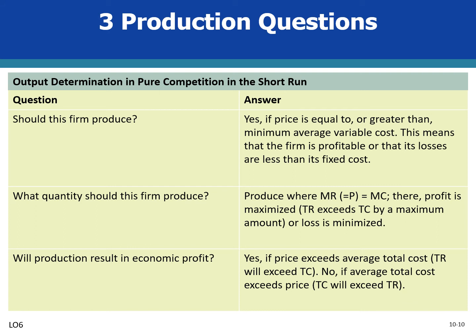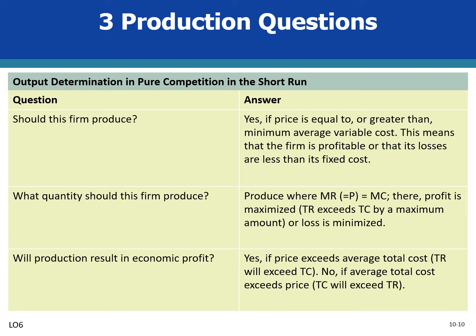Now, there is an approach called the total revenue, total cost approach to determining level of output. We'll talk about that briefly, but the first idea is far more important, the MR, MC, marginal revenue, marginal cost approach to determining profit maximizing or loss minimizing level of output in the short run. Okay, last question. All right, so we said yes, we should produce in number one.